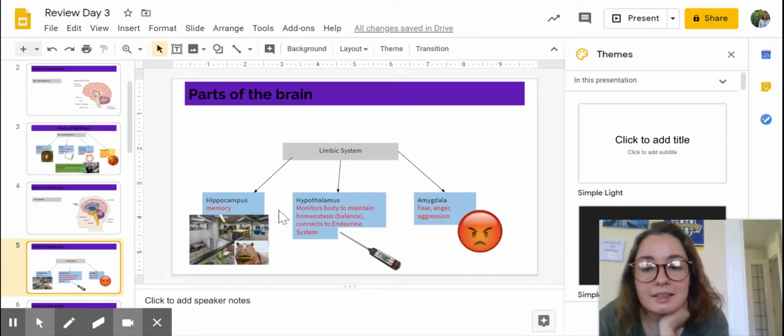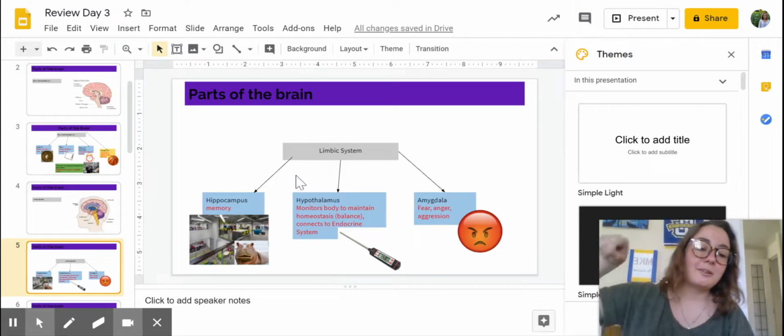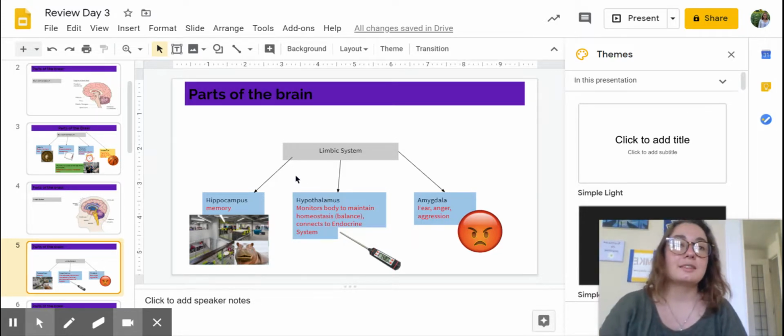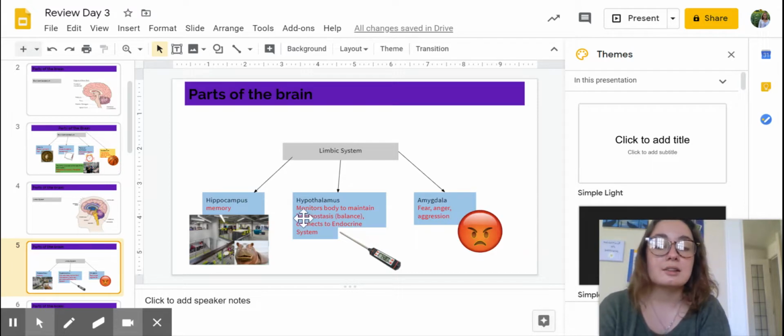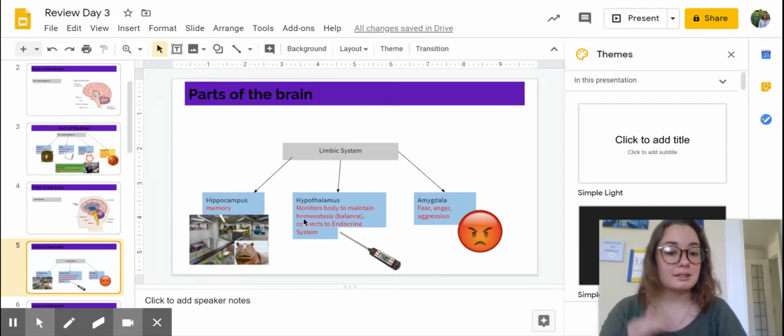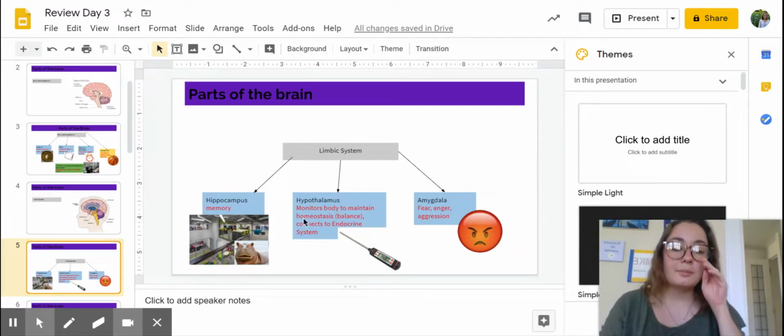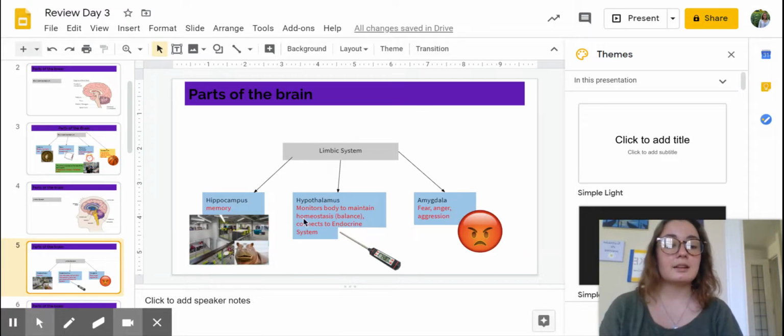Hypothalamus, that is what I said when I was at Culver's. It's kind of your thermostat or heat control center or taking temperatures, because it's monitoring the body to make sure that it's maintaining homeostasis, which is that balance and equilibrium. And it's also connected to the endocrine system, which is our hormone system, kind of the opposite of our nervous system.